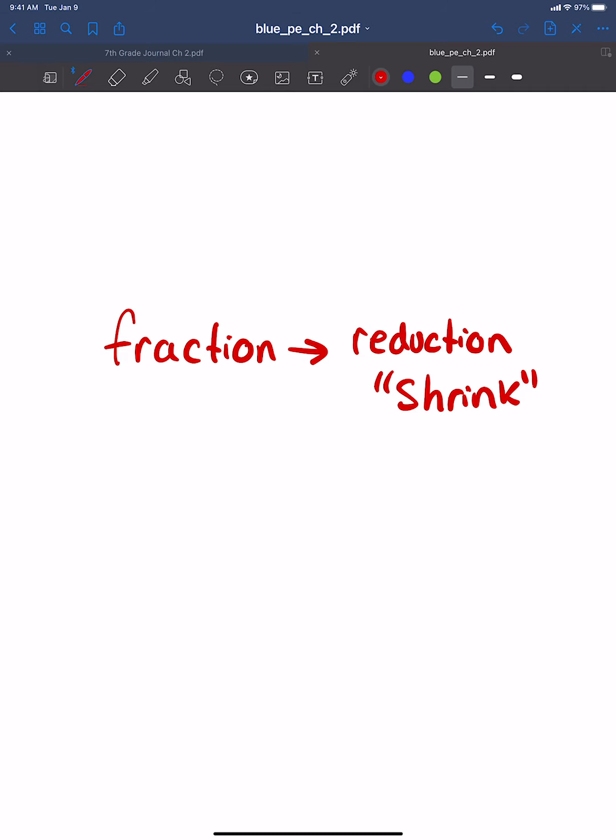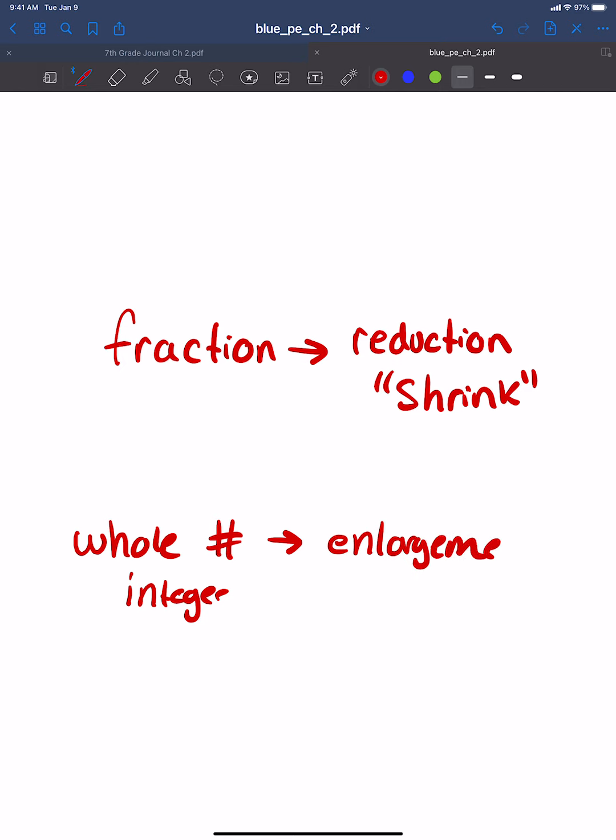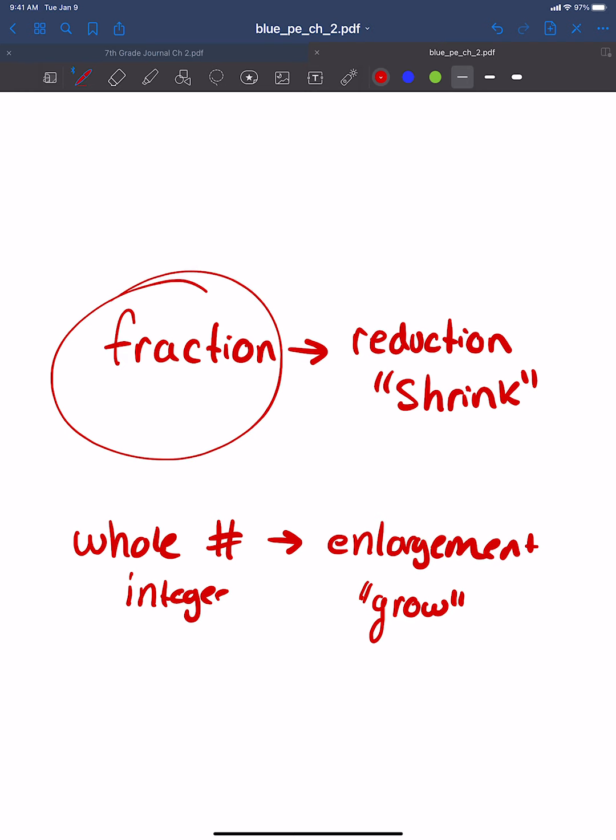If the scale factor is a whole number, or I guess I should say whole integer, because it can be a negative number as well, if it's a whole number, then it'll grow. Okay, so scale factor, if it's a fraction or a decimal, it'll shrink. If it's a whole number, it'll grow.